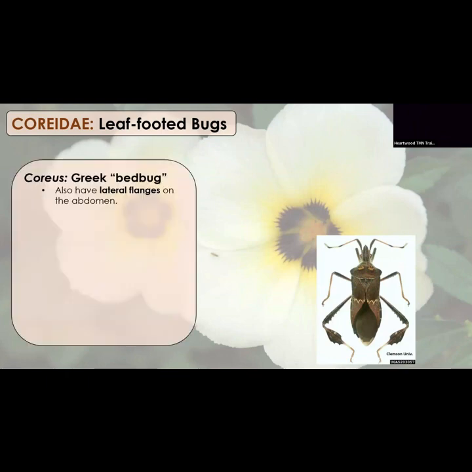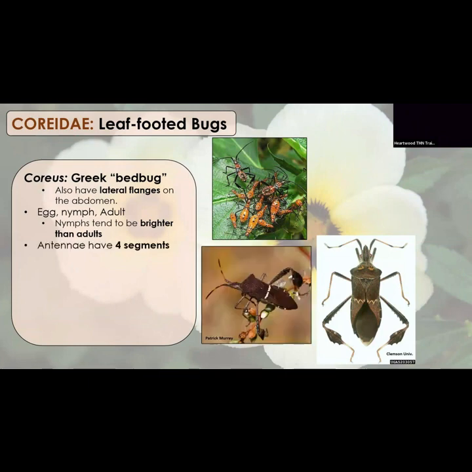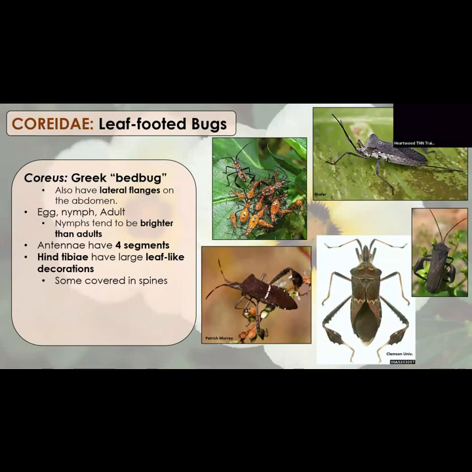The next thing you have are the leaf-footed bugs. So these are also, again, heteropteran, and Coreidae comes from the word bed bug, but they also have the same lateral flanges on their abdomen, but the common name, I really appreciate the common name here. They're called this because they have leaf-footed segments, and it's important to note their antennae have 4 segments. Pentatomids have 5, leaf-footed bugs have 4.